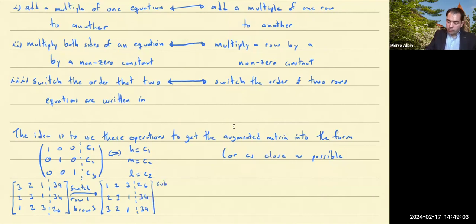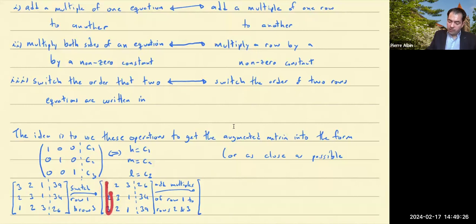Then we're going to subtract multiples, or maybe I'll say add multiples, of row 1 to rows 2 and 3. What I'm going to do is use this 1 to clean up this column.